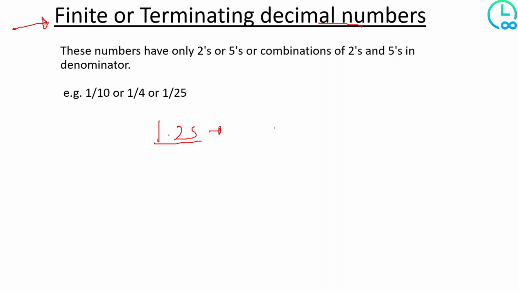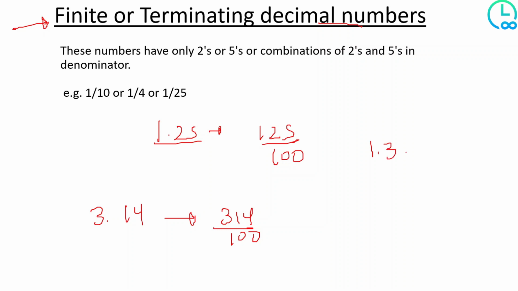When you convert it into p by q form, it becomes like this. Right? Any finite or terminating decimal number, if you convert it, you will get this. Like 1.3, you will get 13 upon 10. So one thing to pay attention to here is that 100 is a combination of 2's and 5's. 10 is a combination of 2 and 5.